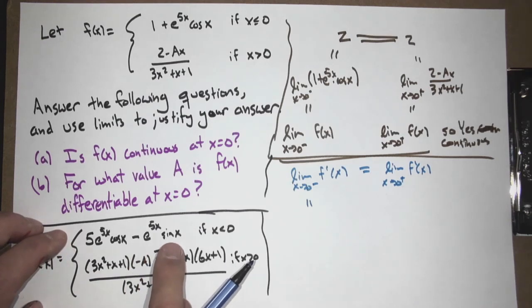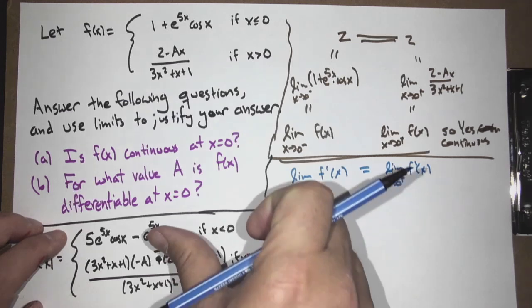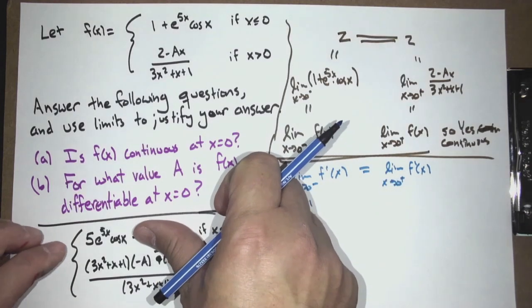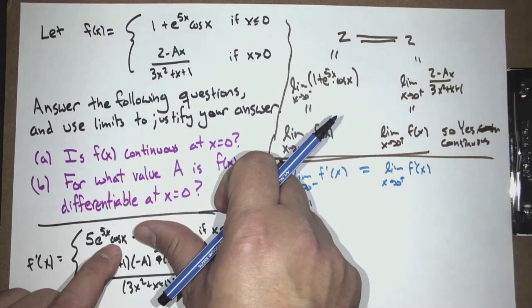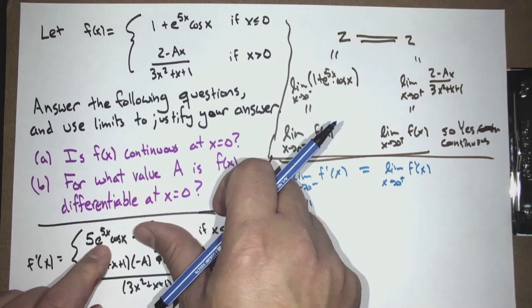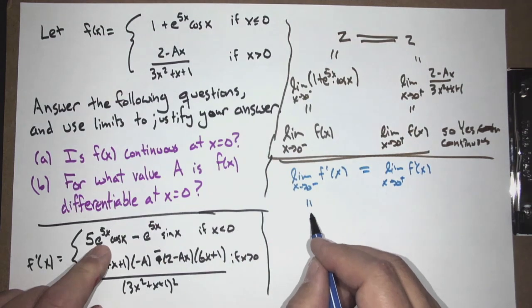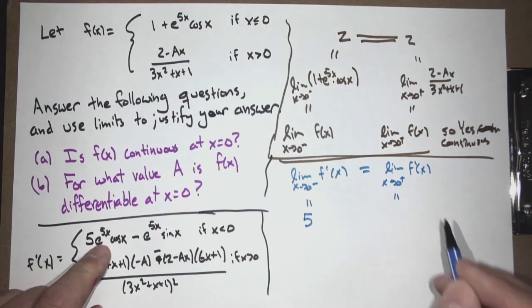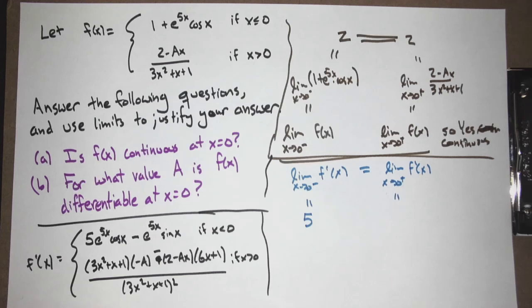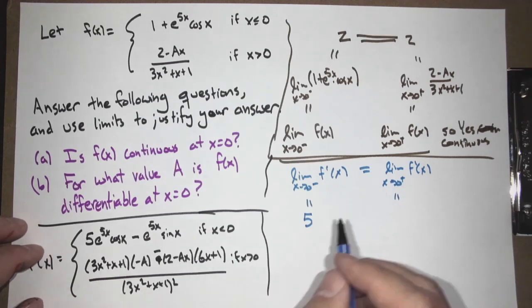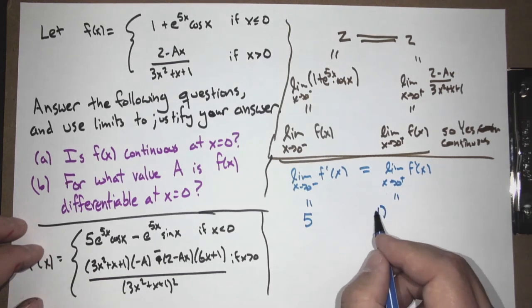Sine of 0? 0. That goes away. Cosine of 0? 1. E to the 0? 1. So we get 5. F prime of 0. So we're not going to simplify. We'll just plug in 0. 0 plus 0 plus 1. 1.